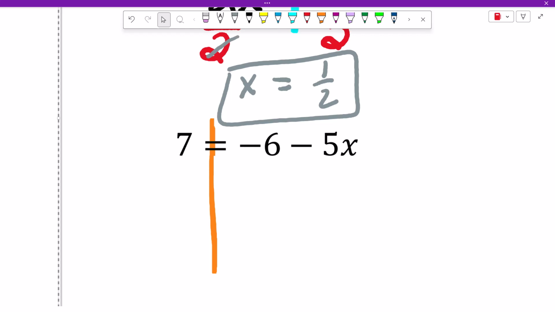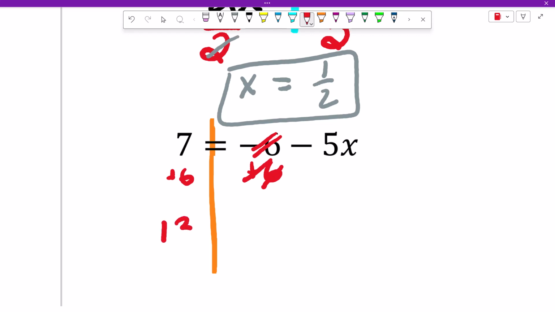Do we go plus 6 or minus 6? Plus, because your goal is to make zeros. Plus 6 here, plus 6 on the other side. Those go away. 7 plus 6 is 13. And what do we write down on the right-hand side? Negative 5x. Remember to keep that negative sign.